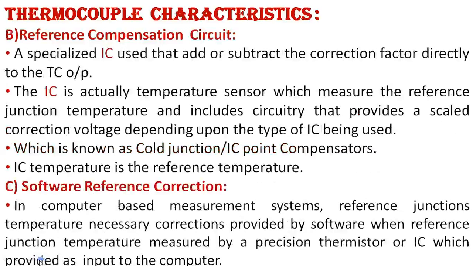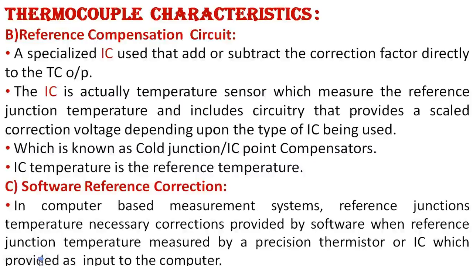The second concept is the reference compensation circuit, a specialized IC used to add or subtract the correction factor directly to the thermocouple output. The IC is actually a temperature sensor which measures the reference junction temperature and includes circuitry that provides a scaled correction voltage depending upon the type of IC being used, which is known as a cold junction IC point compensator.